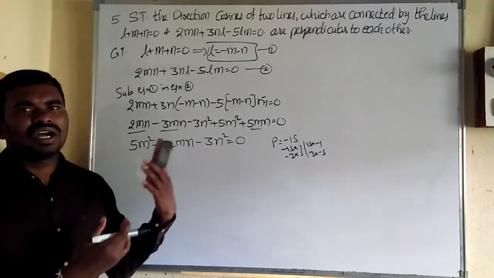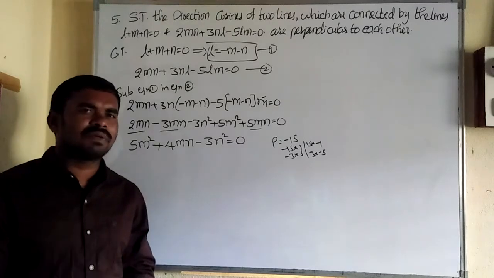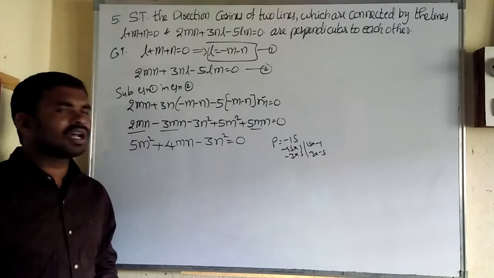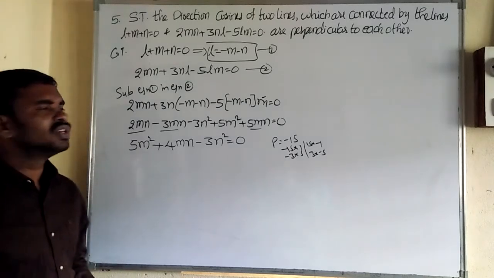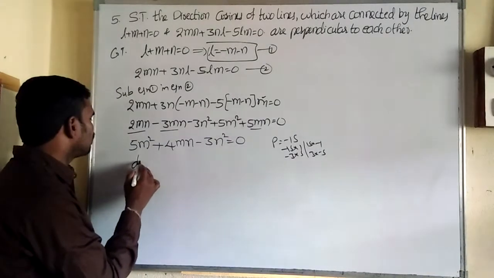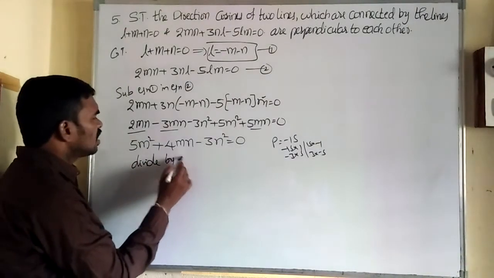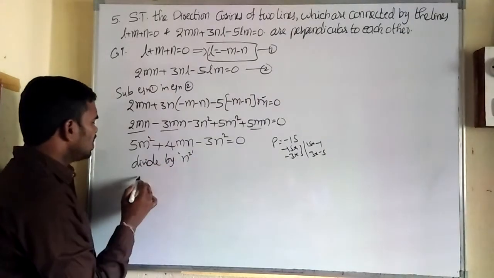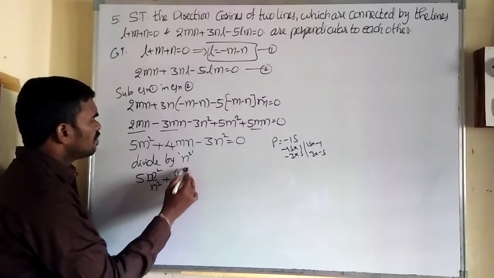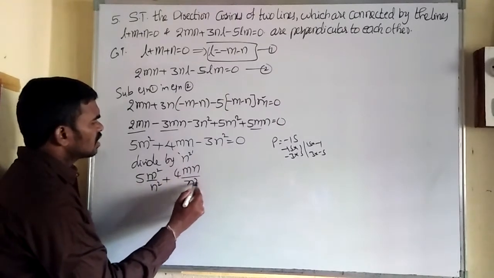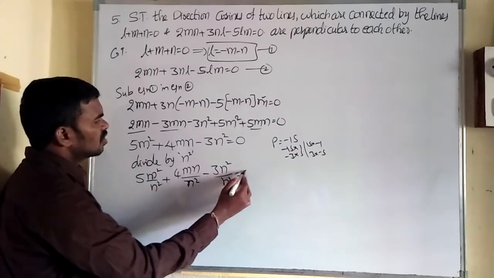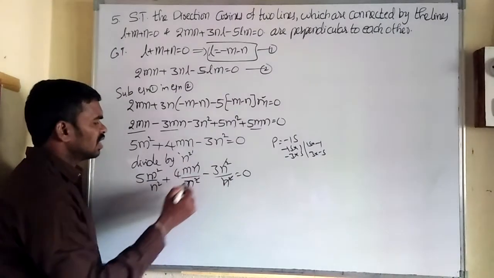Of course, we also have the quadratic formula, -b ± √(b² - 4ac) by 2a, but with that formula also we can't find the answer. So it is very simple: divide by n². Then 5m²/n² + 4mn/n² - 3n²/n² = 0. The n² cancels, and one n cancels.